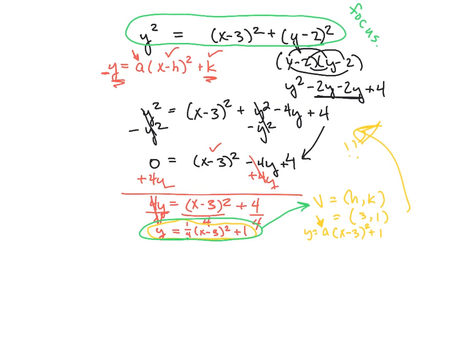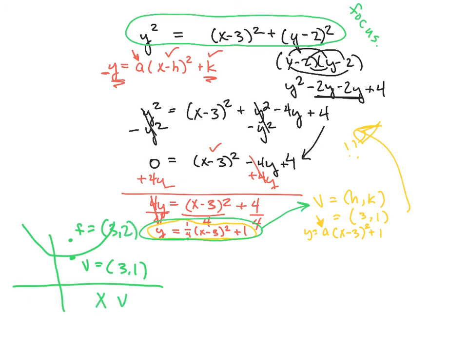When you look at the graph, we have the vertex and the focus. The x values are both 3, so that's not a mistake. All right, now let's go back to the problem.